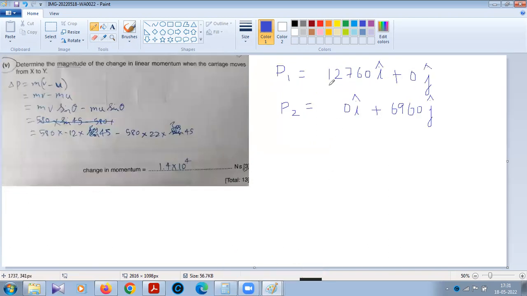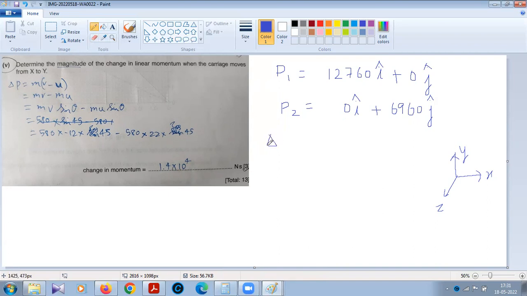The x component is represented by a unit vector along the x-axis, this is the y-axis, and the z-axis is perpendicular to this. Initially it has only an x component, so I take the y component as 0. But finally it has only a y component and the x component is 0.